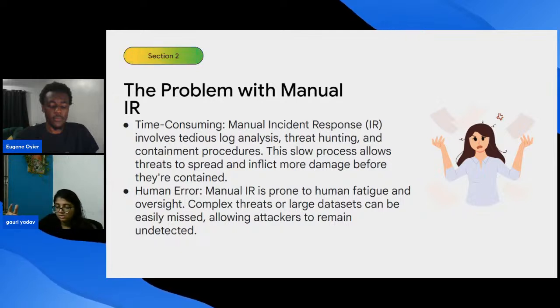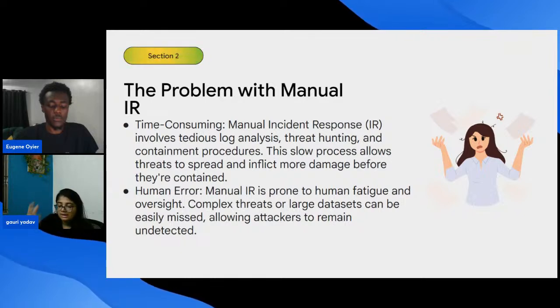Then we have post-incident activities, which is reviewing the incidents to improve future response efforts. We understand what IR is, but why is it important? It helps us minimize impact. Effective IR reduces the impact of security incidents, protecting data and maintaining business continuity.